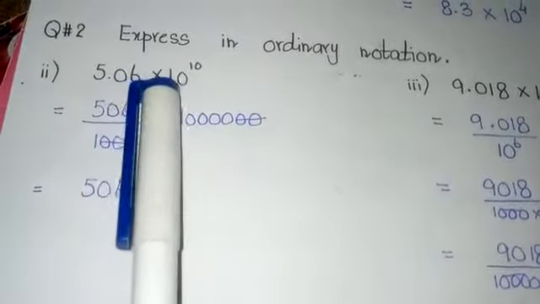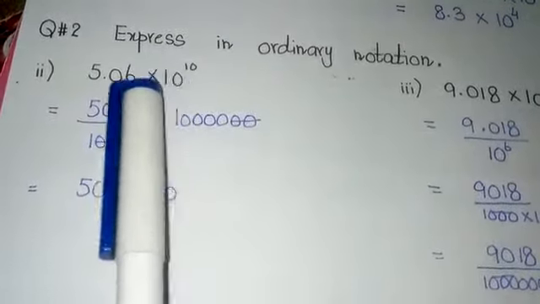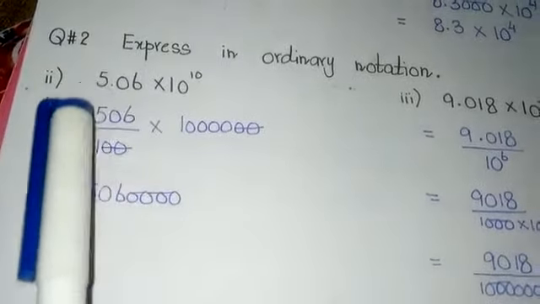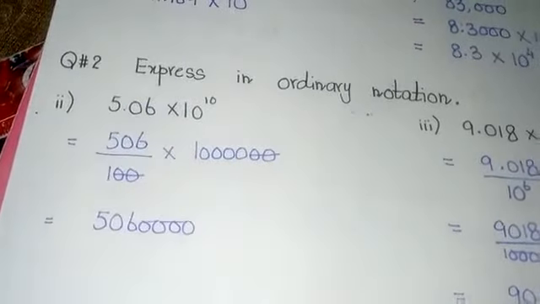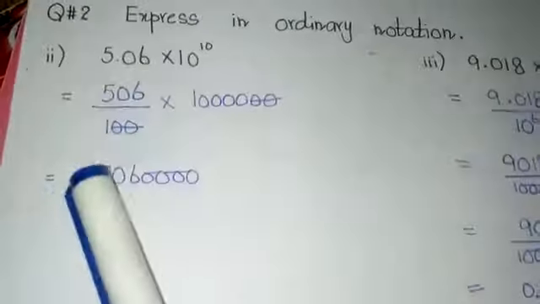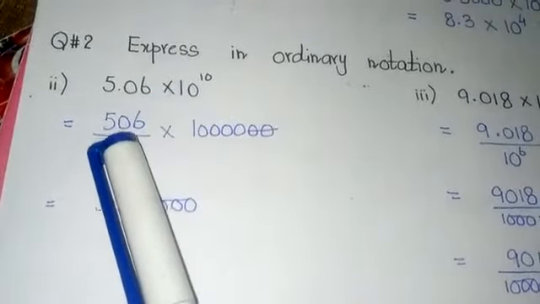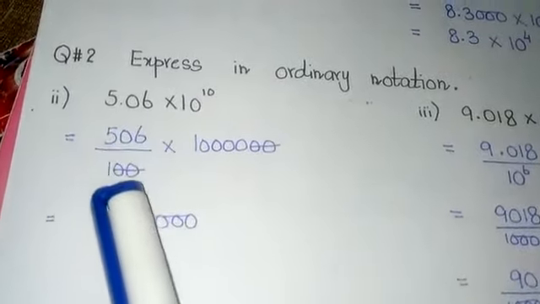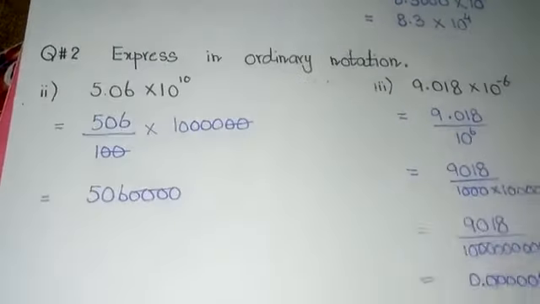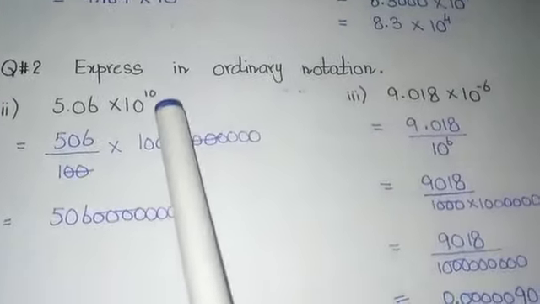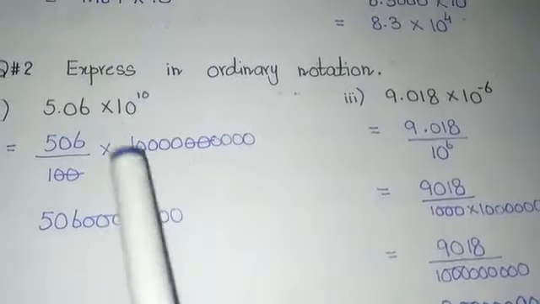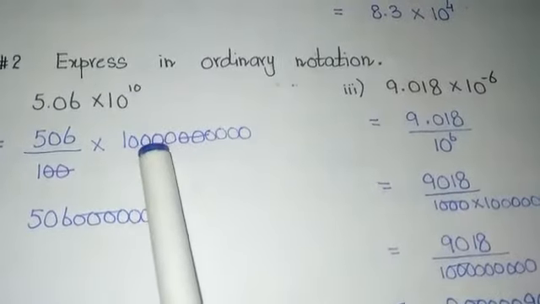I have removed the decimal of this, so it becomes 506 with 1 under the decimal, and two decimal places, so 2 zeros will come. 5.06, when I remove the decimal, it becomes 506 over 100. And so I remove this power. 10 raised to power means 10 zeros. So 1, 2, 3, 4, 5, 6, 7, 8, 9 and 10. I put 10 raised to power 10 as 1 with 10 zeros.